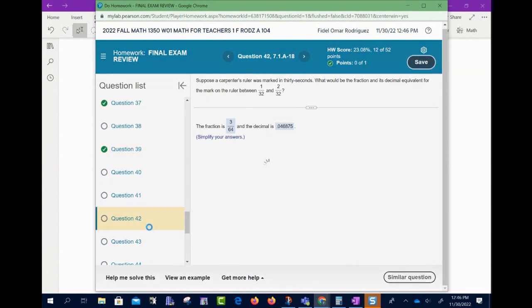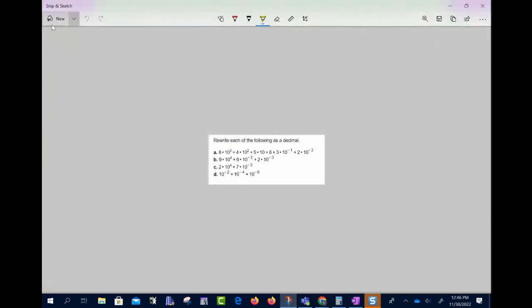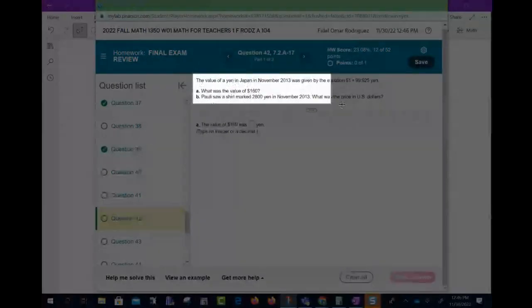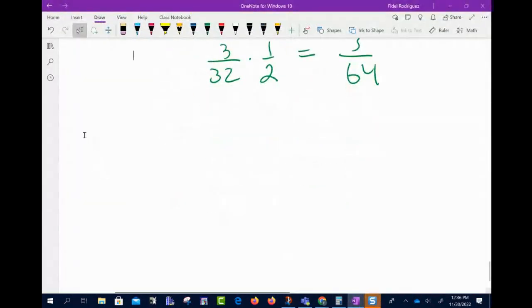Let's take a look at 42. Okay, it says the value of a yen in Japan in November 13 was given by this equation. Okay, so let's do this. Let me go ahead and copy this guy here, y'all, so we can figure this part out. Okay, and let me drop it down over here.